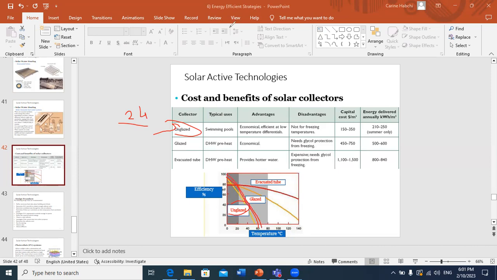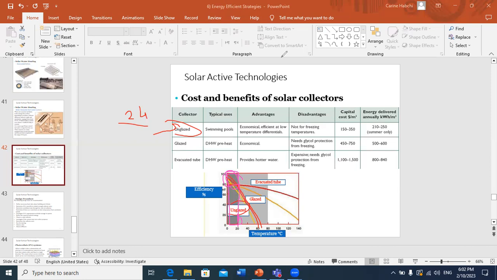From here, you can see that you have a zone between 0 and 25, 22 nearly, where the efficiency of unglazed is very acceptable. It's above 80%. That's why whenever we want to heat to relatively small temperature, we suggest the unglazed type.